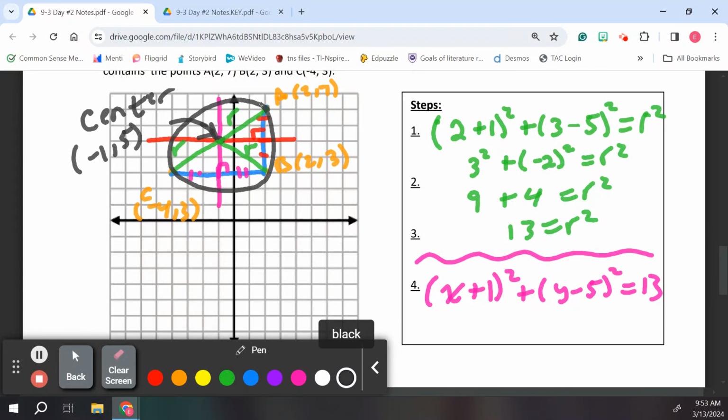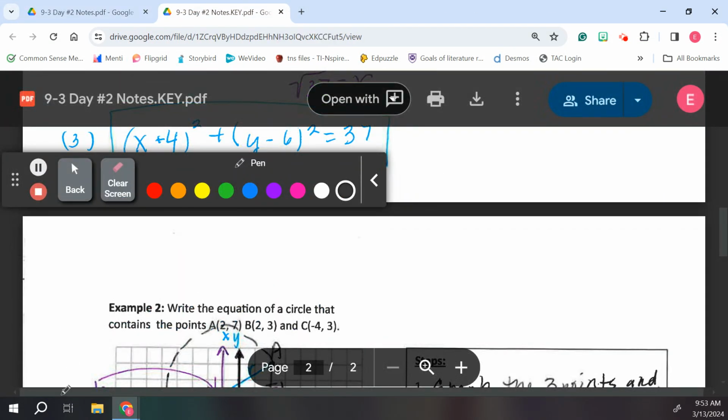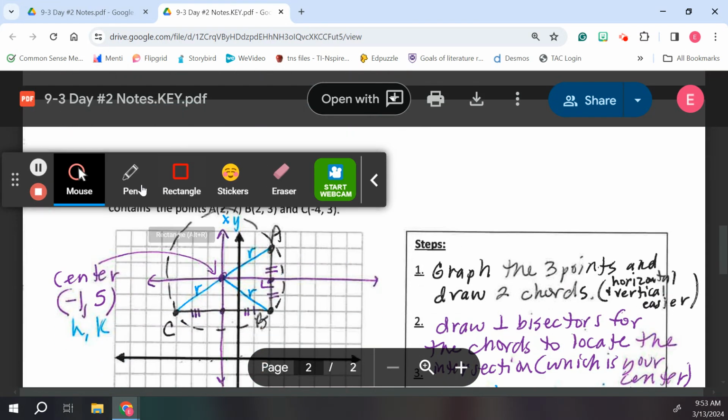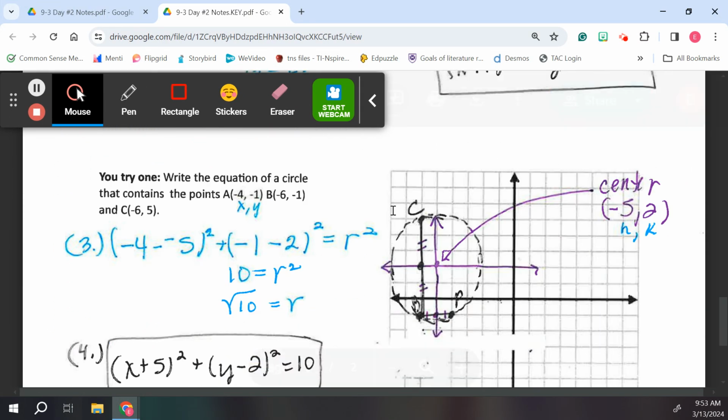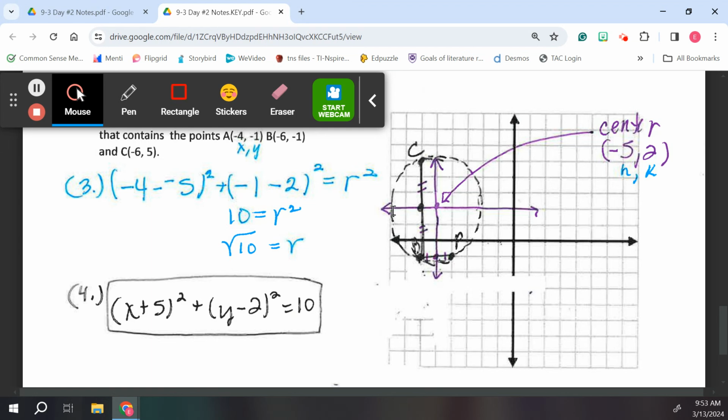Show of hands who's still working on the you try it. Ready to look at it? Okay. Take a look.